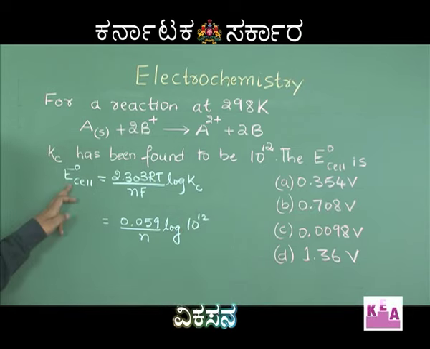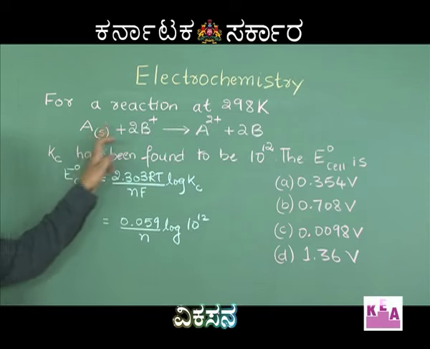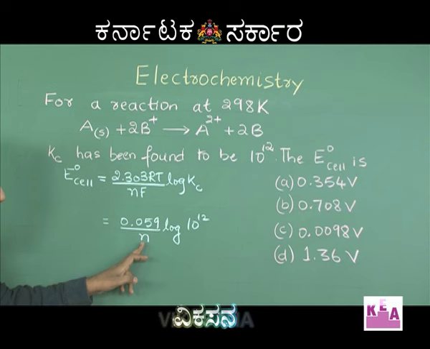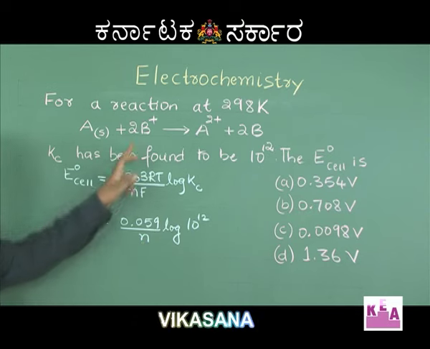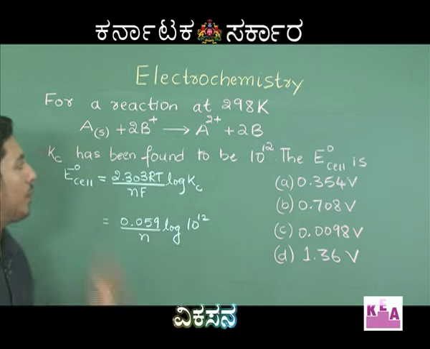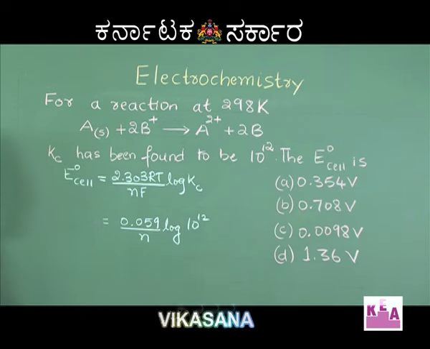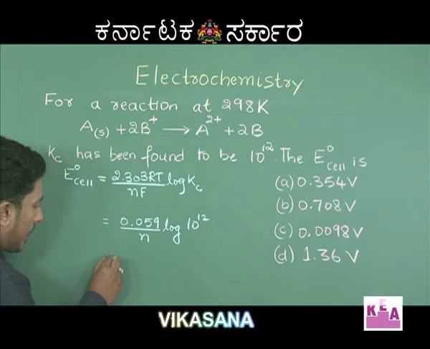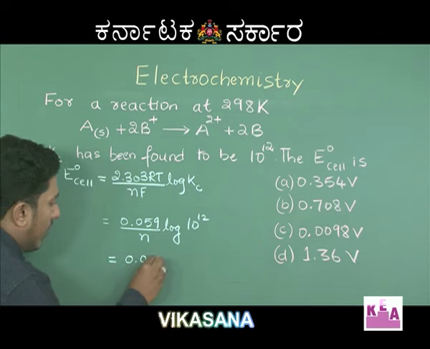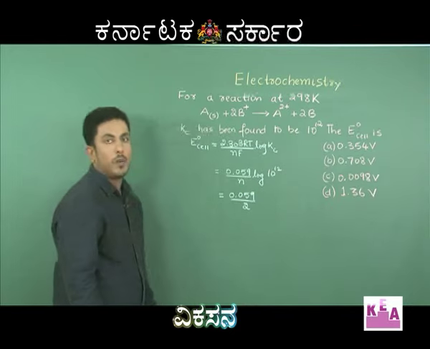To calculate the EMF of the cell, we need the value of n. n can be calculated by using the reaction. A gets converted to A2 plus, that means A is losing 2 electrons. So hence n will be equal to 2. Or else you can calculate from this ion also. 2B plus accepts 2 electrons to form 2B. Hence n will be equal to 2 in this reaction. Hence the value will be 0.059 divided by 2 into log of 10 to the power 12.